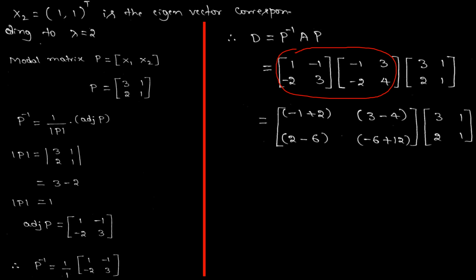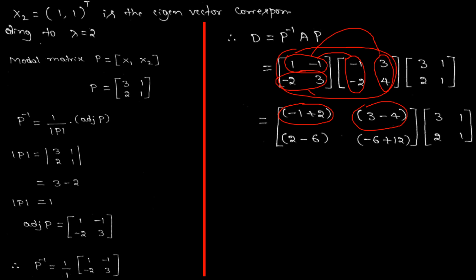If you take the product of these two matrices, row into column, if you multiply this row with this column, you will get this entry. If you multiply this row with the second column, you will get this entry. Then second row, first column, you get this. Second row, second column, you will get this.